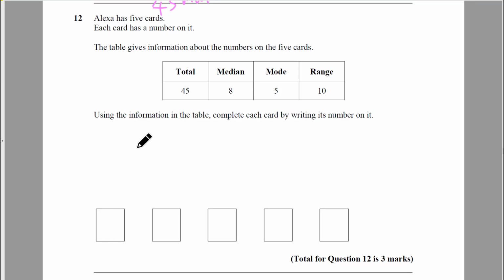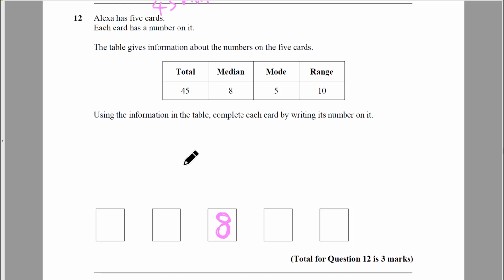Okay, use the information in the table to complete each card by writing its number on it. The total is 45. The median is 8. The mode is 5. The range is 10. So we can start by writing, that's got to be an 8, because that's the median. Now let's use our thinking skills.